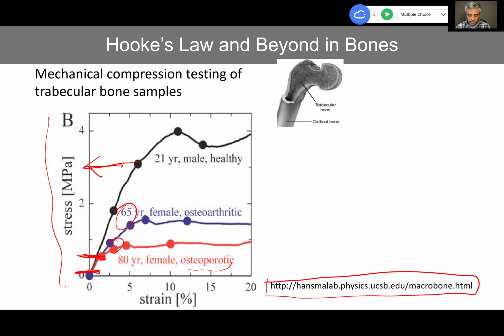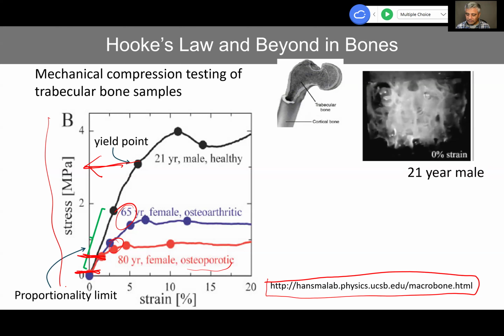Okay. So while doing that, they also looked at how the color of that bone structure changes at different strain. For example, zero strain means there is no strain, right? In normal condition, let's say you are just sleeping or sitting on a chair and your bone is not being pulled or pushed by anything, even with your weight.